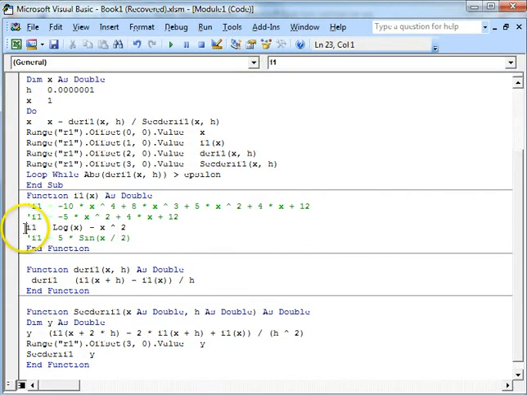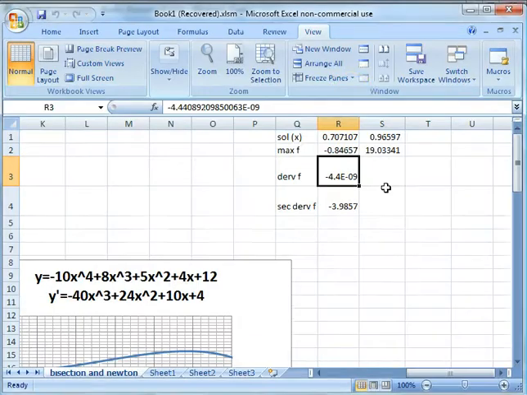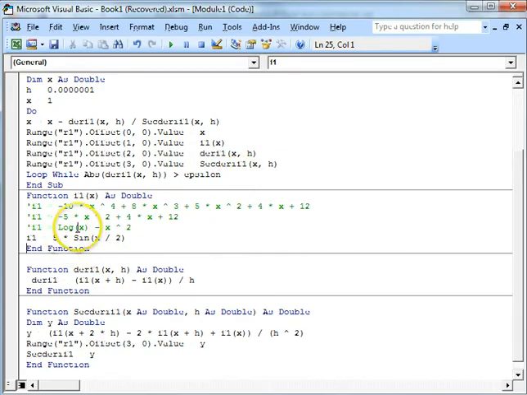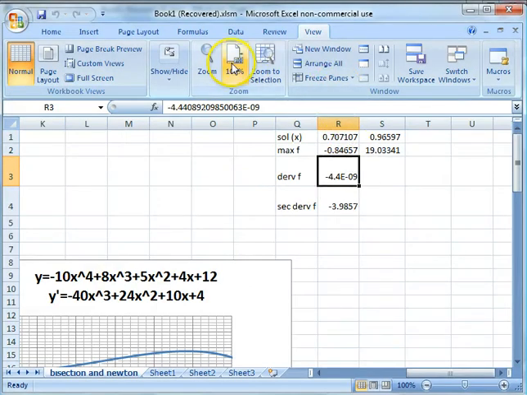Finally, I have a more common function, which is 5 times sine of x divided by 2. And again, you don't need to memorize all those derivatives for trigonometric functions, etc., or any combinations. Here I could in theory combine polynomials with logarithms with trigonometric functions, and it should work fine for the most part.